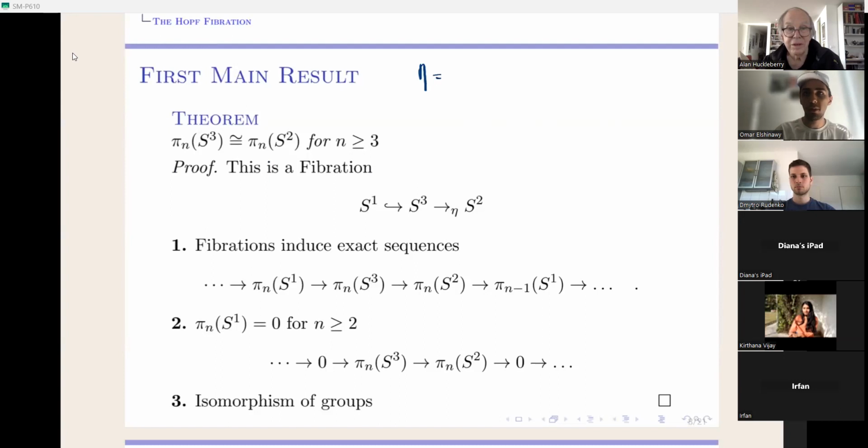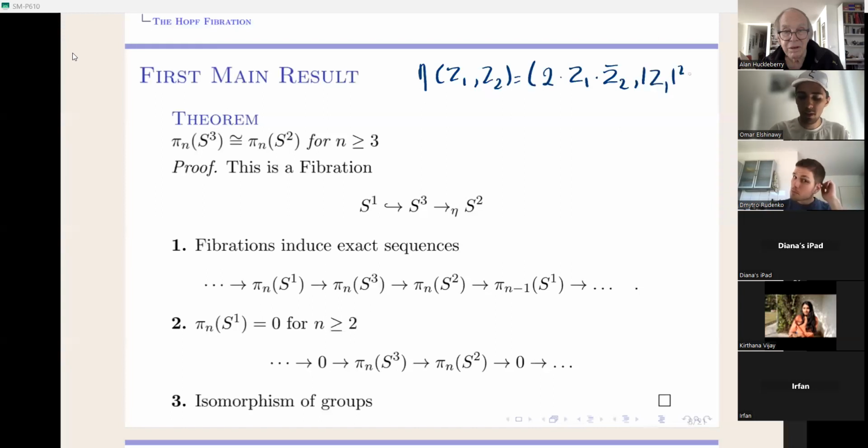So eta is given by, so these are complex numbers, and we look at twice Z1 times the conjugate of Z2, and then you look at the modulus squared of Z1 squared minus Z2 squared. So this is the second coordinate.